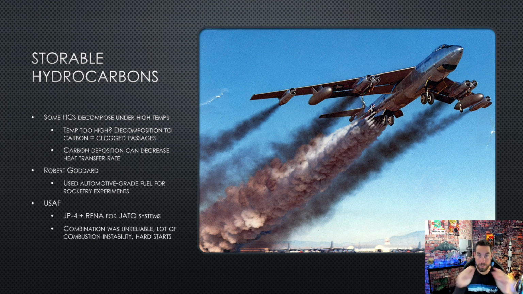Then more comes in, and then it goes boom. That's a hard start. You want to avoid hard starts because they'll destroy your engine really quickly. This probably all revolved around the impurities and the quality control around JP4. But there were a lot of hard starts, so it wasn't a super reliable system. And so it didn't see a lot of use outside of the Air Force for these limited applications for JATO, the Jet Assisted Takeoff.